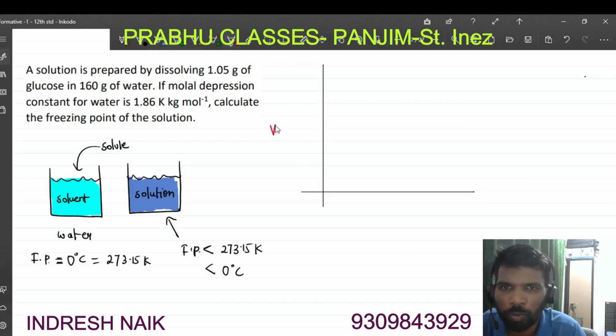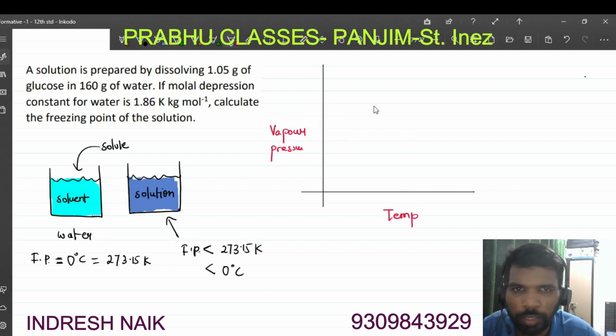This axis tells you about the vapor pressure, and this is the graph about the temperature. What is the meaning of the freezing point? Let's do it for the solvent. Let's say this is the graph for the solvent component.